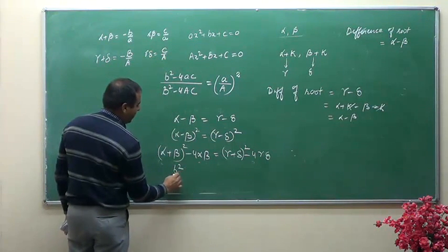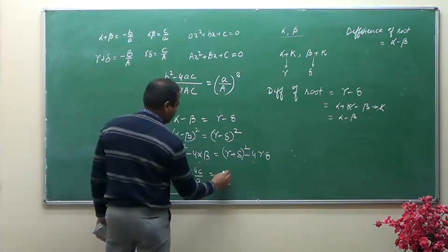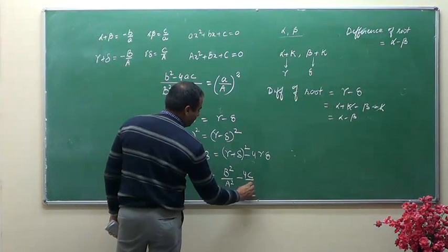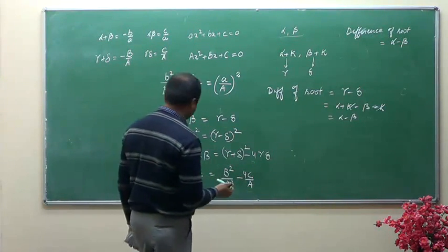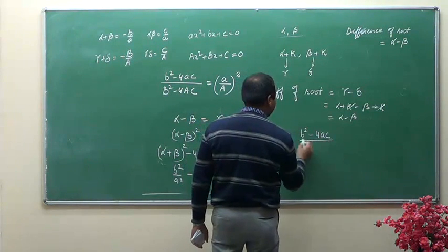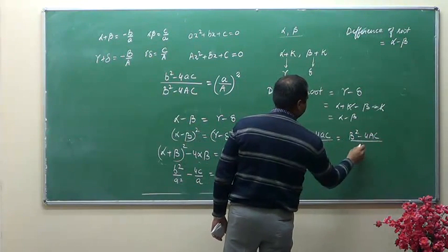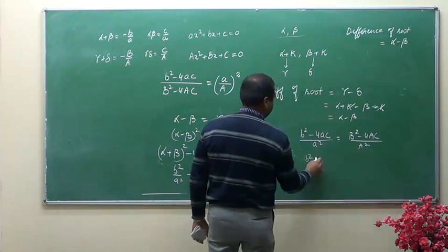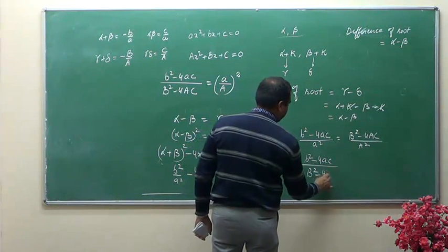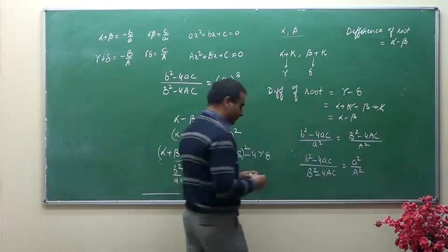It is b square by a square minus 4c by a, equals capital B square over capital A square minus 4 capital C by capital A. This b square minus 4ac over a square is equal to capital B square minus 4 capital A capital C over capital A square.